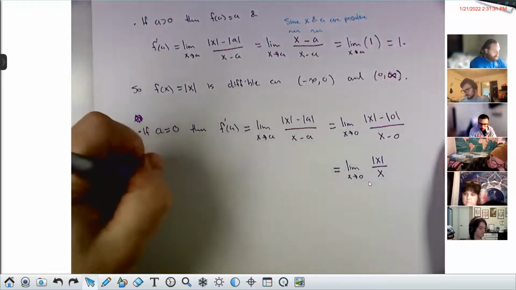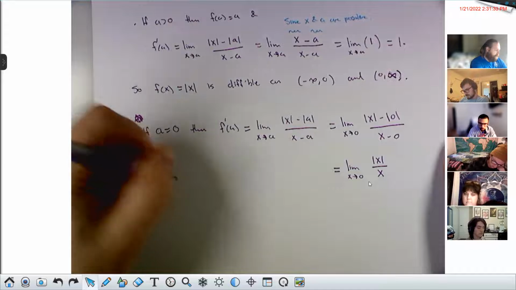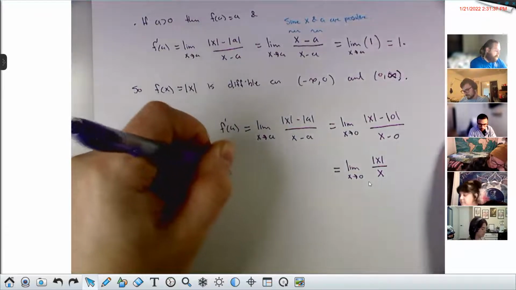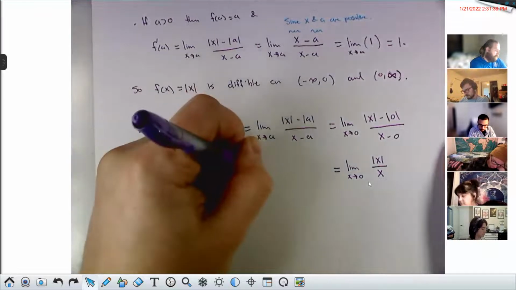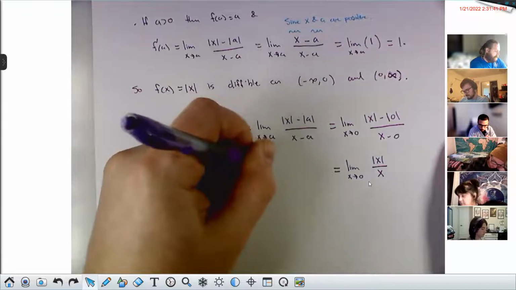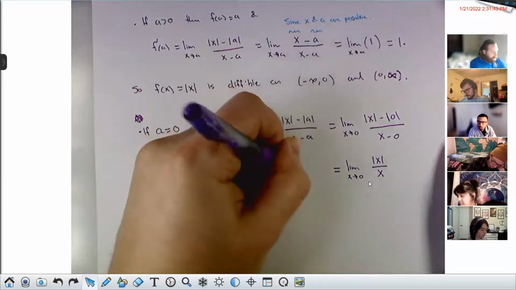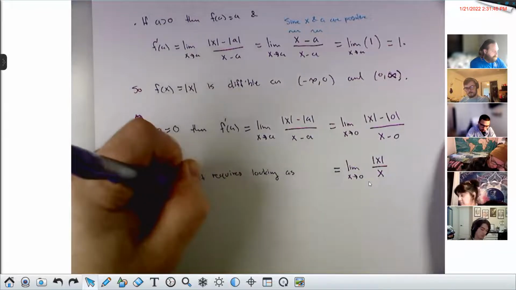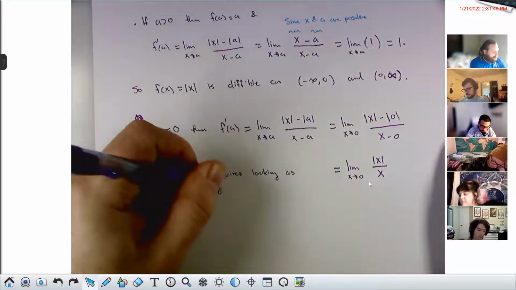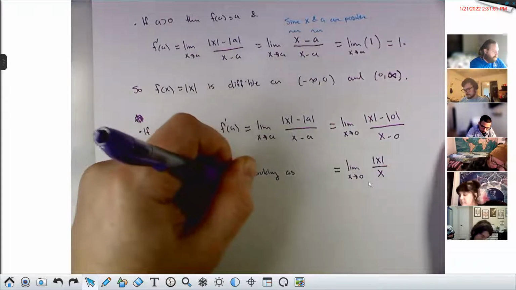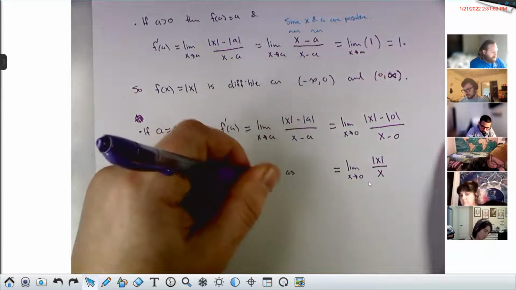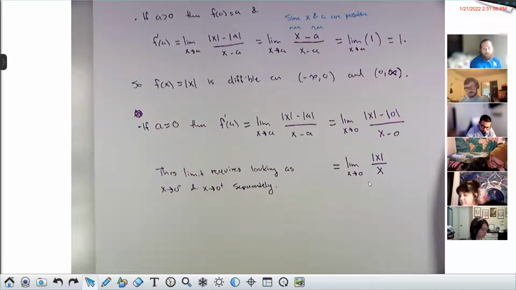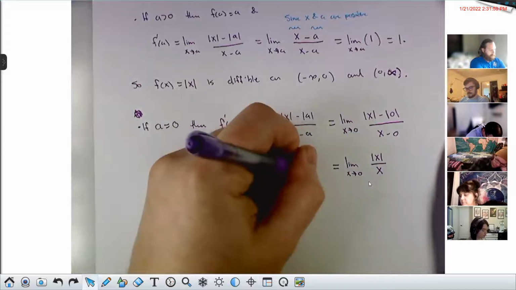So this limit requires looking as x goes to 0 minus and x goes to 0 plus separately.